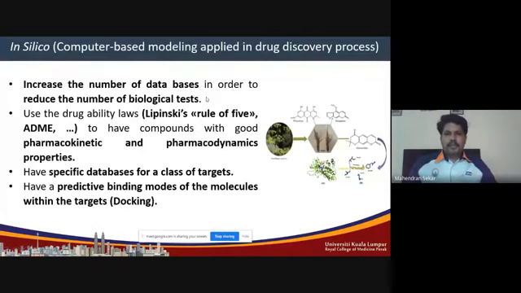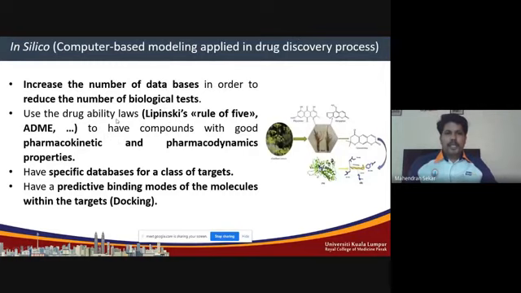Lipinski rule of 5 means the molecular weight of the compound is supposed to be less than 500, and the log P value, the partition coefficient, is supposed to be less than 5, and the number of hydrogen bonding acceptors should be less than 10 and donors should be less than 5, and the number of rotatable bonds is supposed to be less than 10. This is the Lipinski rule of 5.